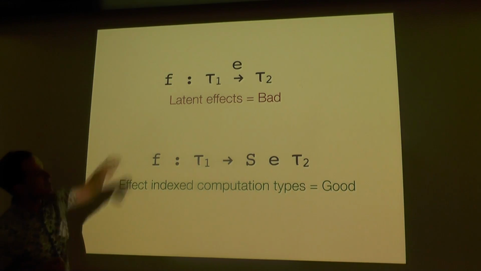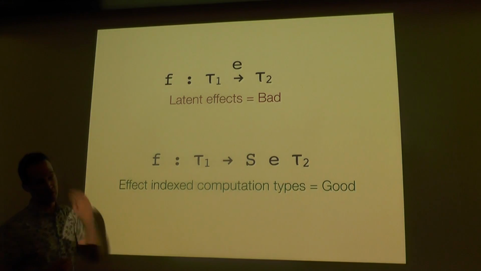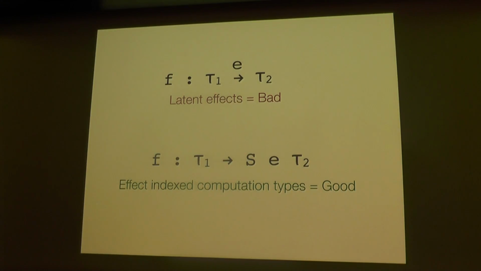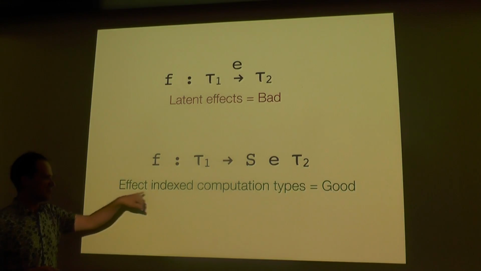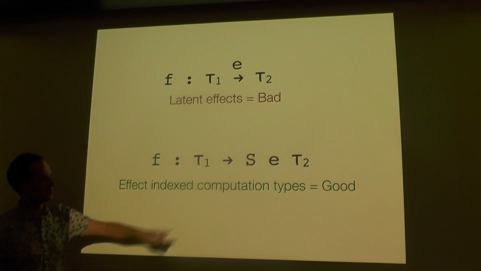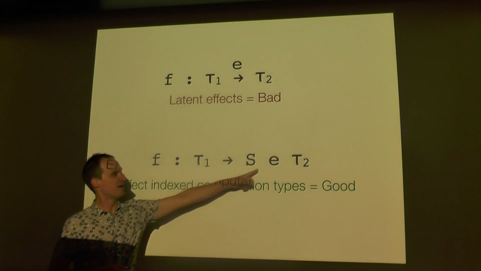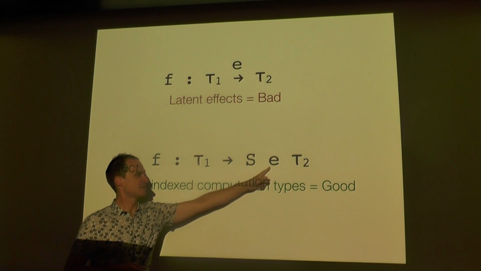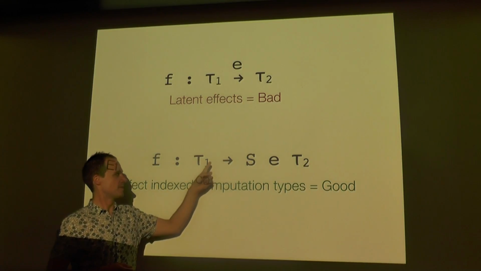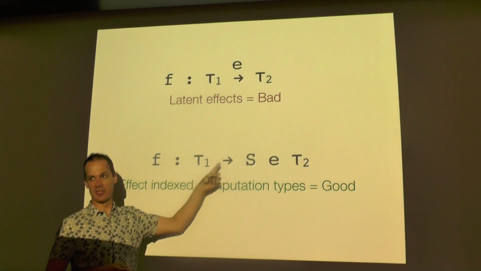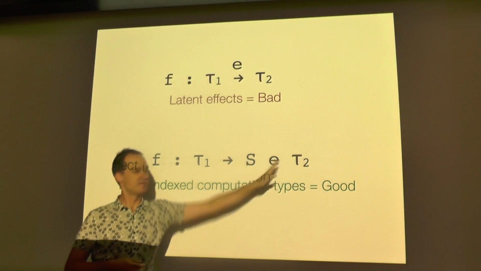But when I write an E above the arrow, it means that this arrow doesn't just mean substitution anymore, it means substitution as well as doing something else. So I've mixed the two things up. With the so-called effect indexed computation types, where this thing is a computation type and I've indexed it by the effects that it had, the arrow still means substitution as before, and I keep the effect information separate.